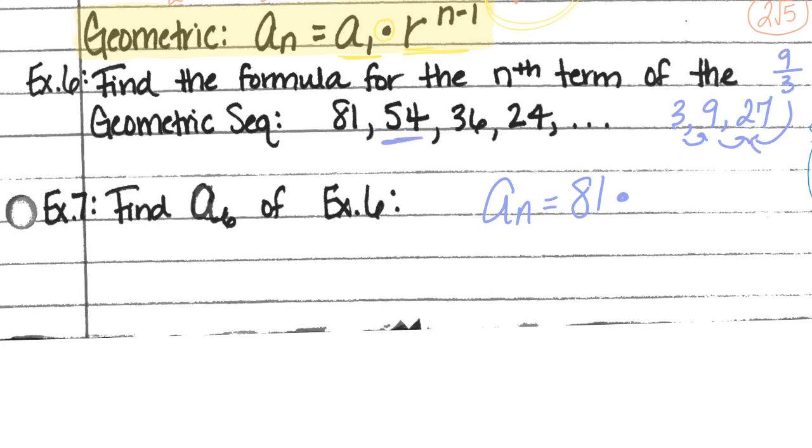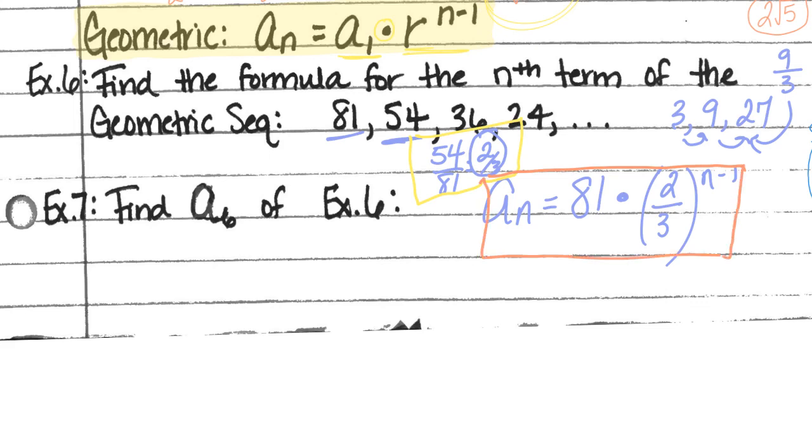So I can take 54 and divide it by 81. Well, I know that 27 goes into each, so the common ratio is going to be 2/3. Sorry, I'm squeezing that in right there. So this is my common ratio. It's really just what's being multiplied. In this case, it's kind of a weird one, but 2/3 will go in as the common ratio, and n-1 is the exponent. So this right here is the nth term of the geometric sequence.